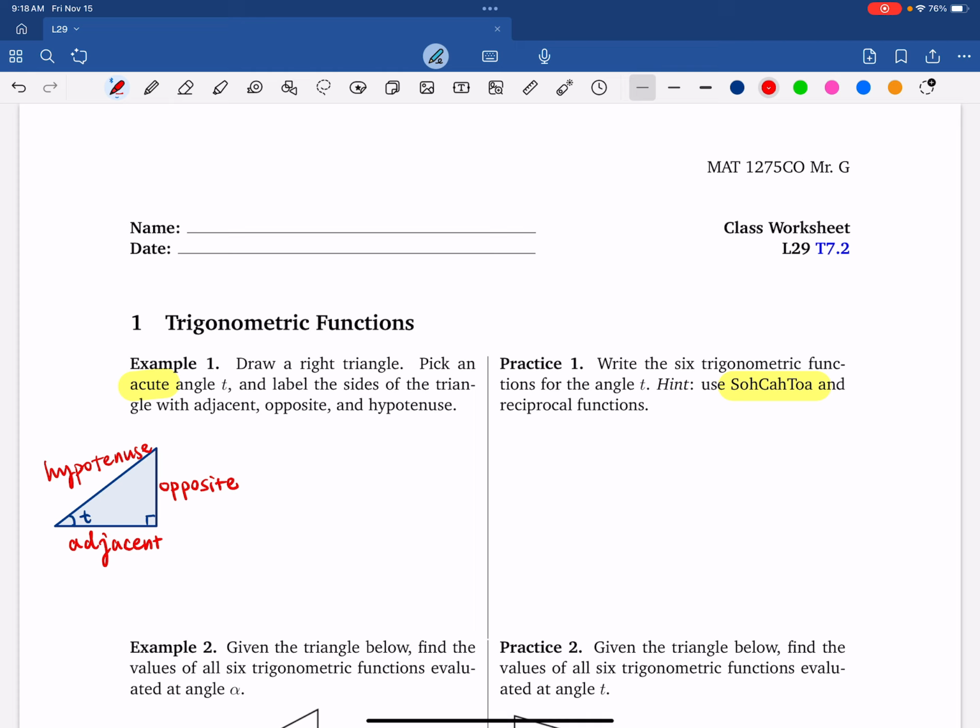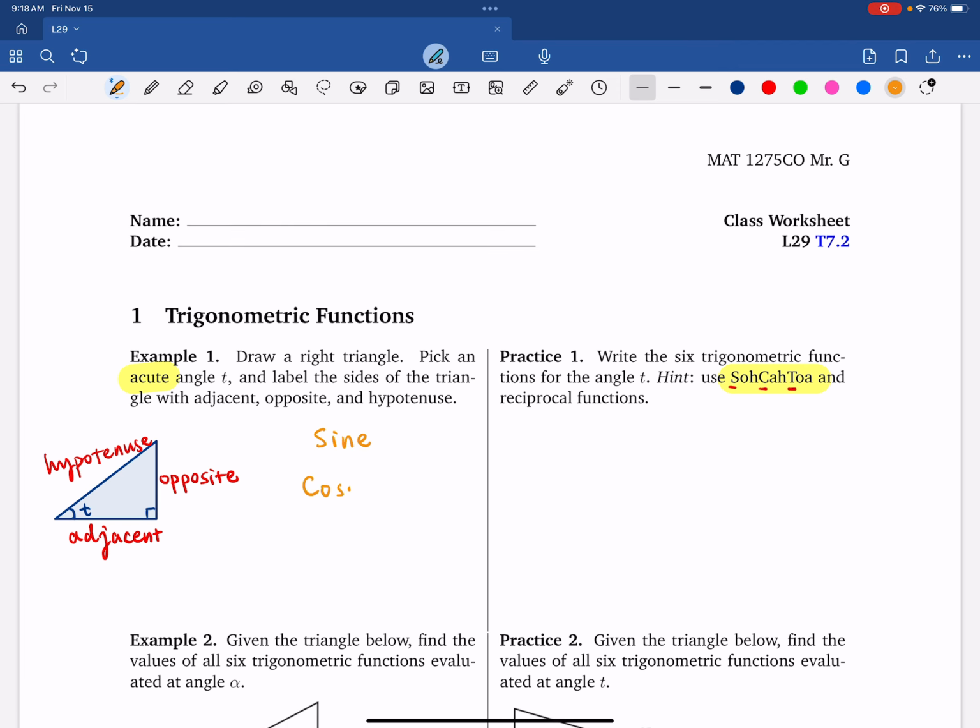You're going to first start with the capitalized letters. See the capitalized letters, we have S, C, and T. Those three refer to the three main trigonometric functions. Let's write them down. So we have sine, and then we have cosine, and then we have tangent.